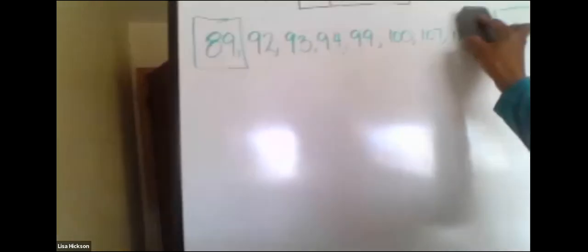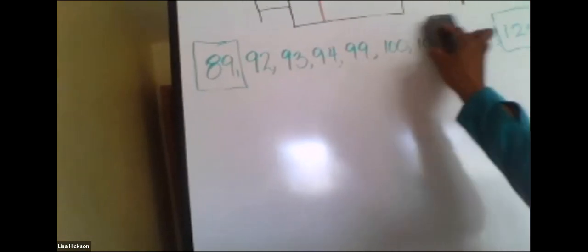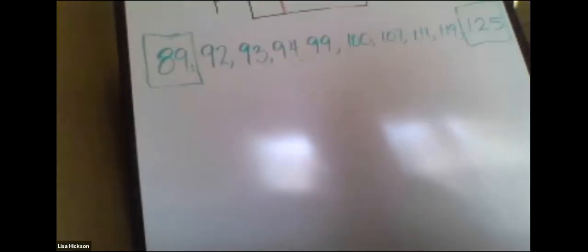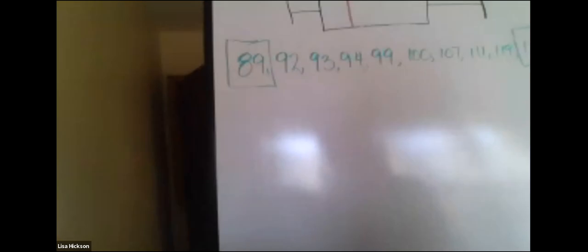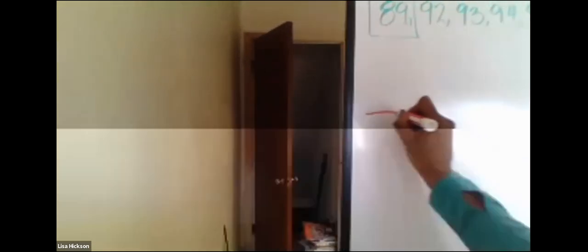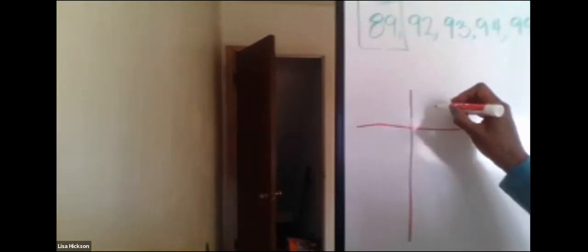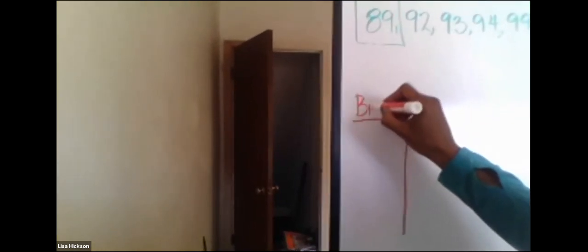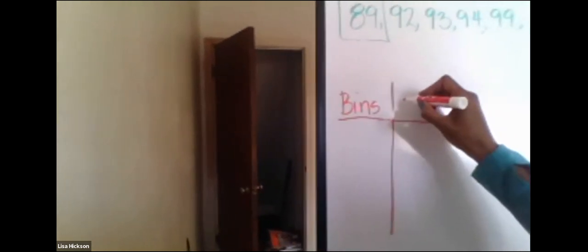So now, can somebody tell me, how did you break or group the data? Remember, for the histogram, you need a frequency table, or a table to organize your data.